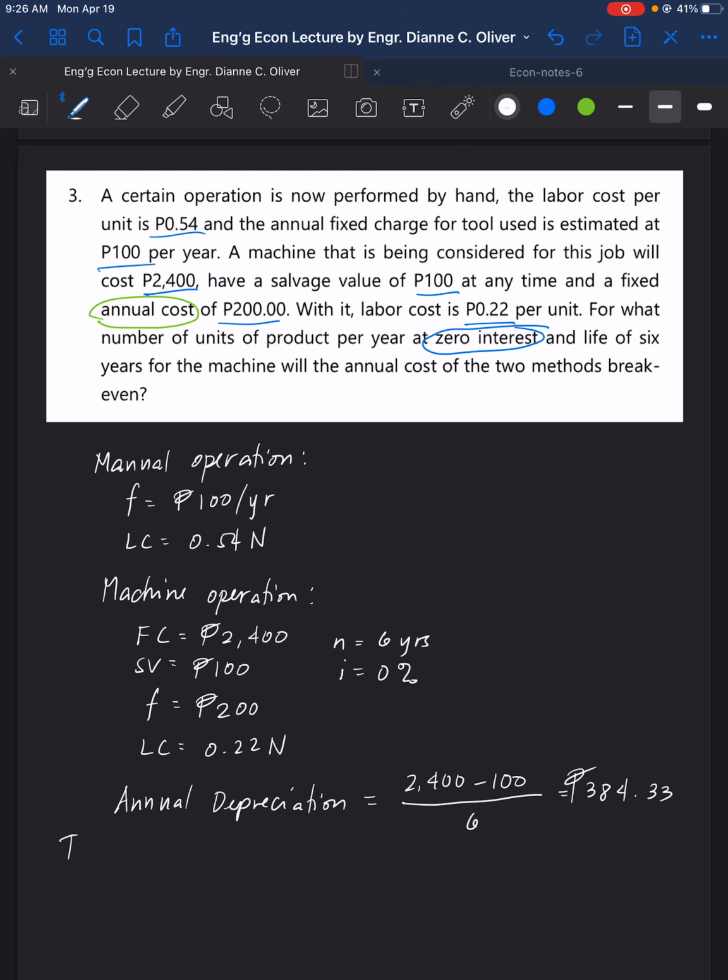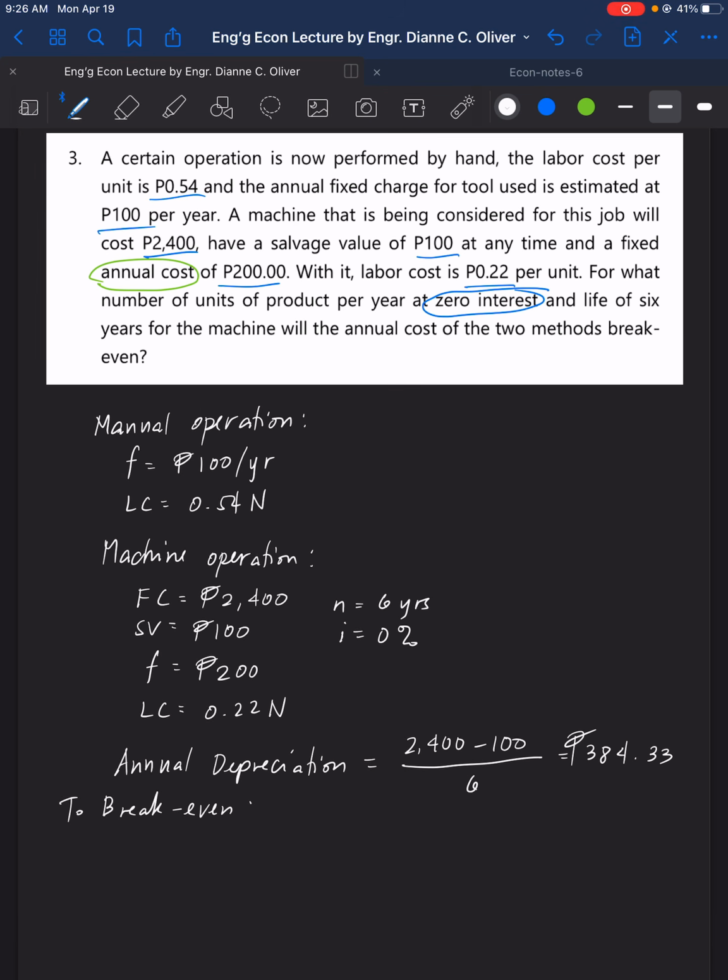So finally, to break even, we have here the hand or the manual operation. Manual operation equals the machine operation.